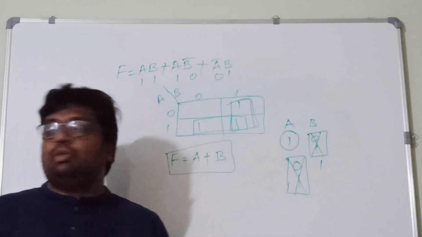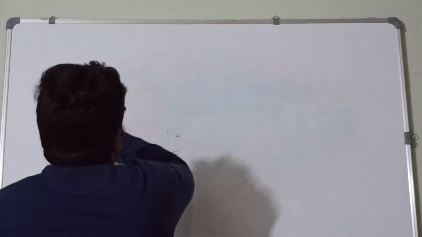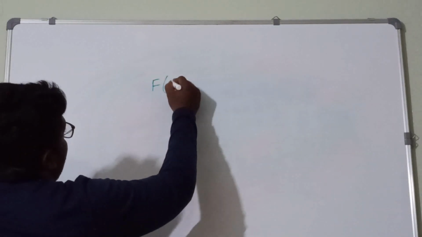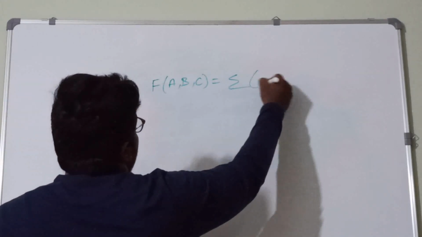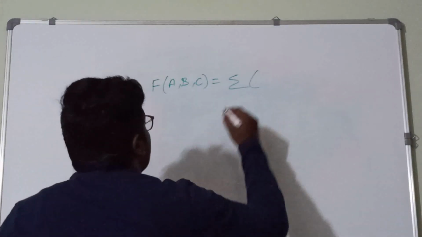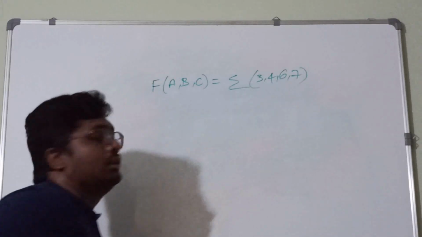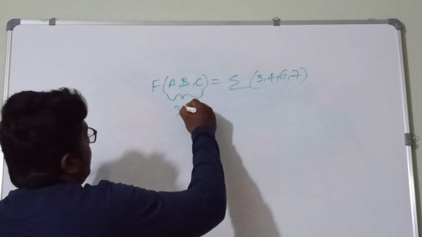So now let us see one more example. F of A comma B comma C is equals to summation of 3 comma 4 comma 6 comma 7. So by our observation here we are having 3 variables.